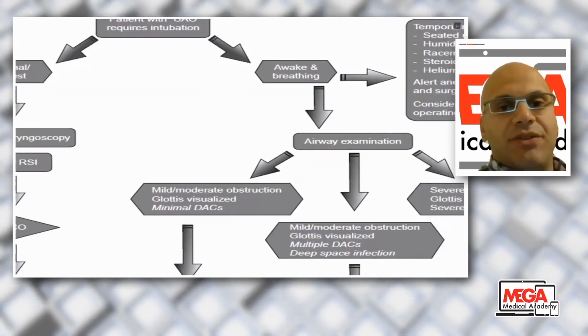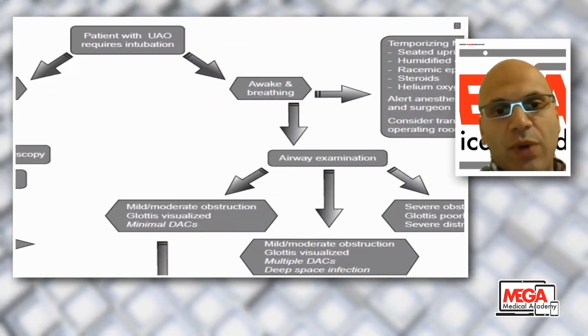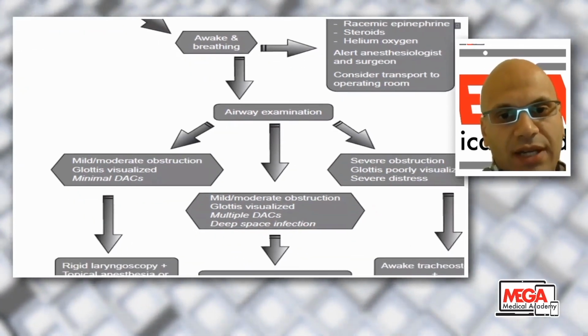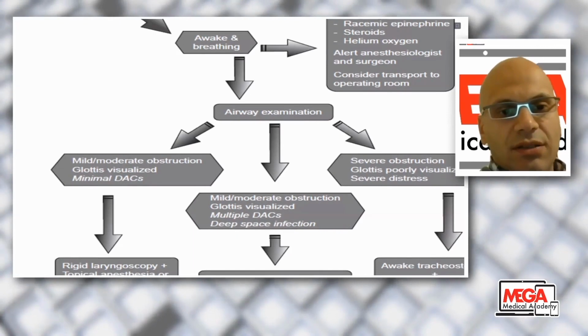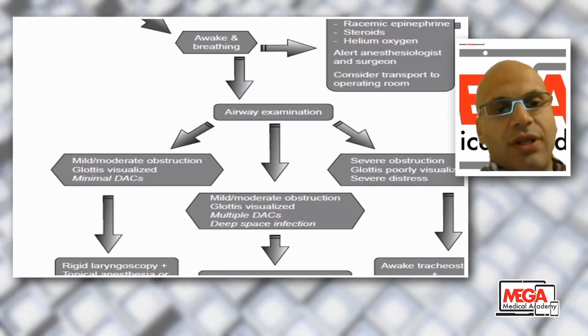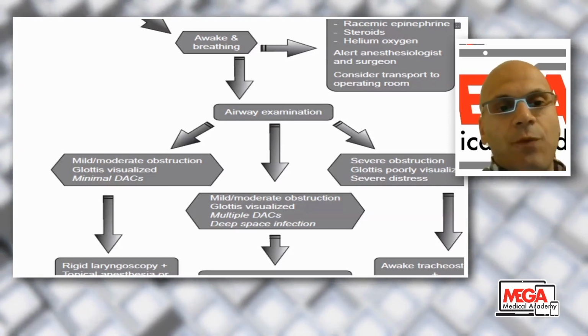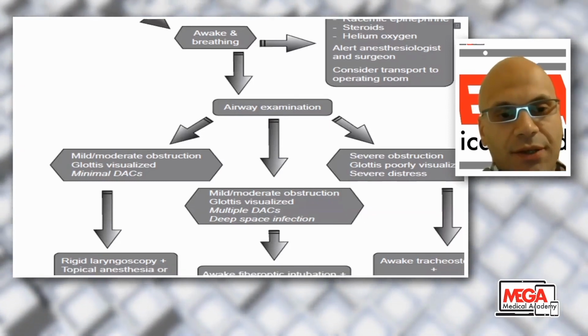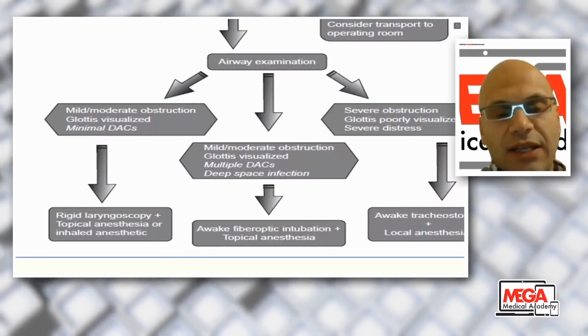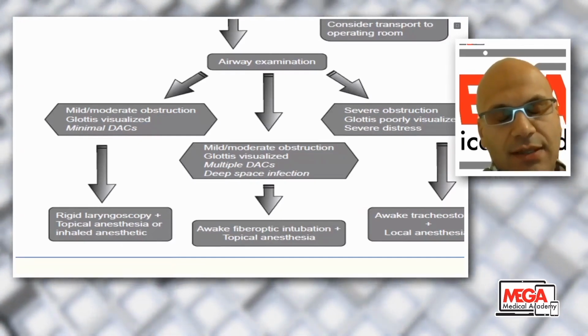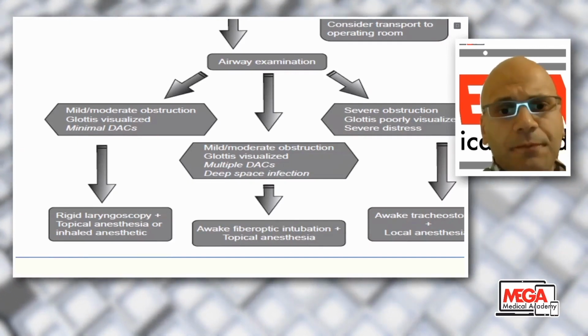But if you have time and the patient is awake and breathing, your decision depends on your airway examination. With mild to moderate airway obstruction where you are able to visualize the vocal cord by nasal endoscopy, with minimal difficult airway characters, we recommend inhalation induction using McGrath or video-assisted laryngoscopy or direct laryngoscopy.